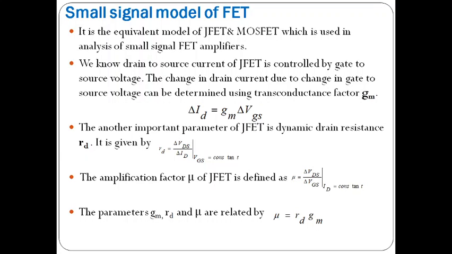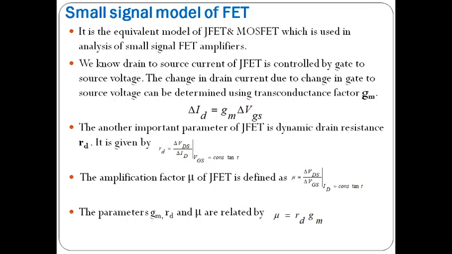The amplification factor mu of JFET is defined as the voltage amplification factor, which is the change in output voltage to the change in input voltage. That is, the change in VDS to the change in VGS by considering ID constant.